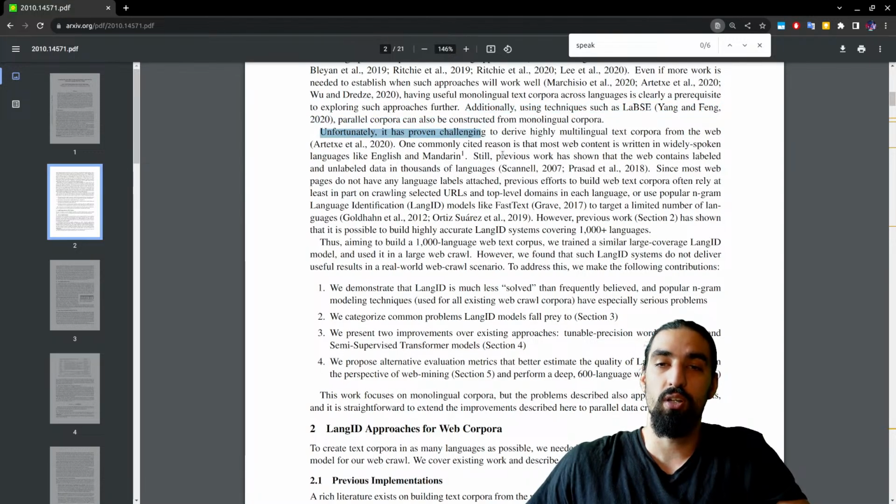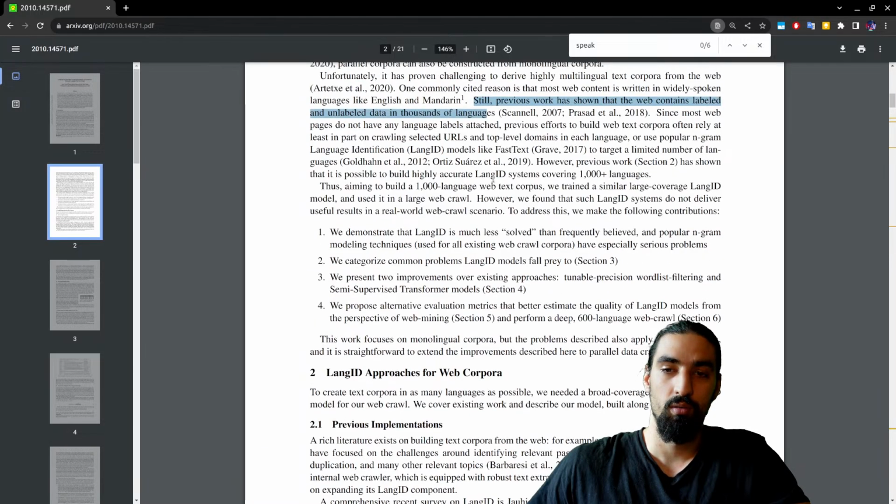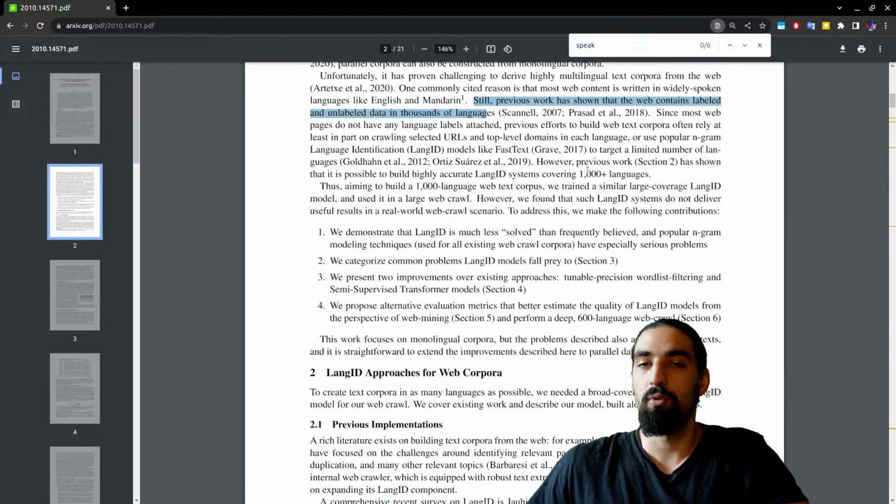It has proven challenging to derive highly multilingual text corpora from the web. One commonly cited reason is that most web content is written in widely spoken languages like English and Mandarin. Still, previous work has shown that the web contains labeled and unlabeled data in thousands of languages.